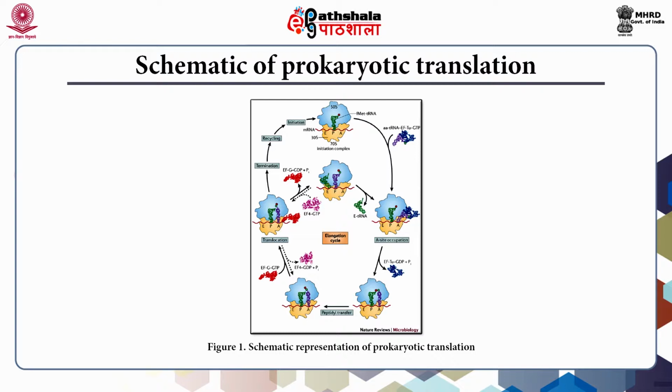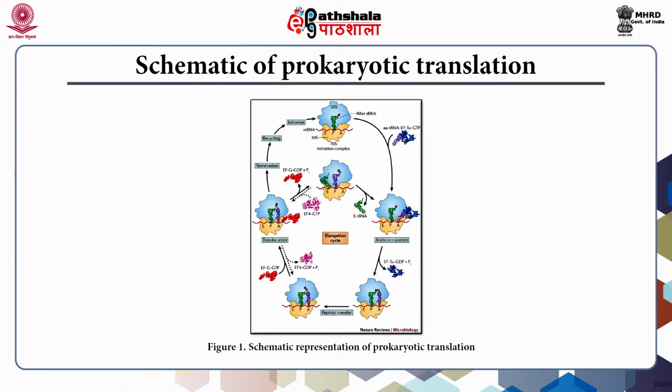The 70S initiation complex of prokaryotes contains 3 binding sites for transfer RNA molecules: the P site for the peptidyl transfer RNA binding, the A site for the aminoacyl transfer RNA binding and the E site or the exit site from where the uncharged transfer RNA leaves.